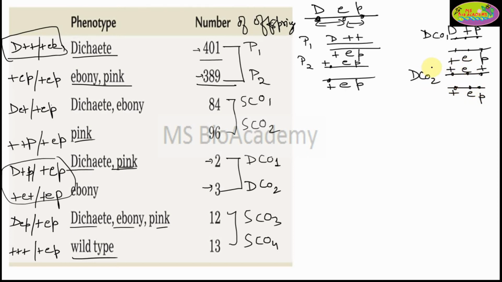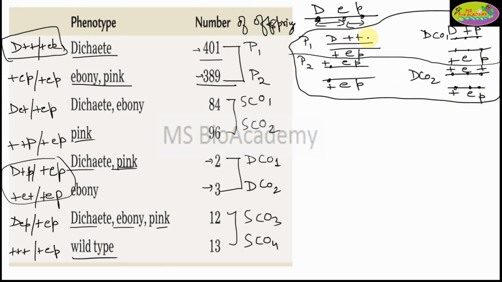This is done. Now what you have to do is look into the parental and the double crossovers. Just look carefully at your parental forms and your double crossover forms. You have to see that two of the combination should come together, and the third one will have changed position with respect to the parental one in case of a double crossover.